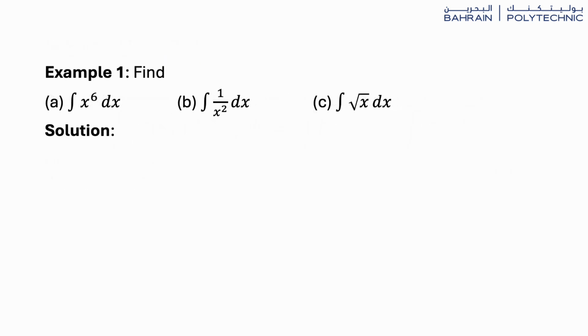Let us do the first example. They will ask us here to find the integral of x to the power 6 dx. So we have here power 6. According to the rule we are applying, the result will be x to the power n plus 1, and we have to divide also over n plus 1, and we have to keep plus c, do not forget it.